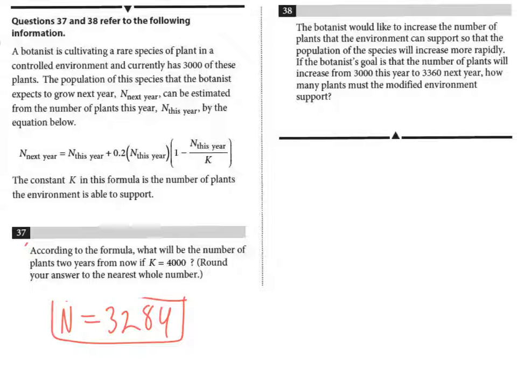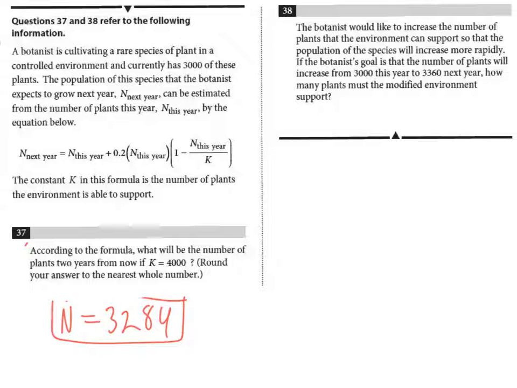Alright, 38. The botanist would like to increase the number of plants that the environment can support so that the population of the species will increase more rapidly. If the botanist's goal is that the number of plants will increase from 3,000 this year to 3,360 next year, how many plants must the modified environment support?